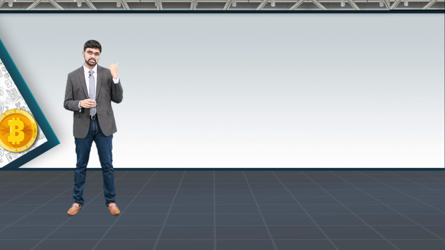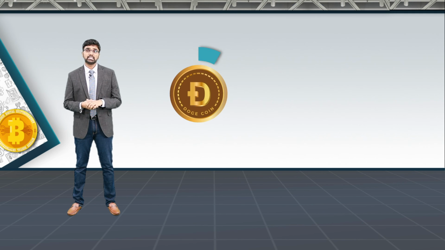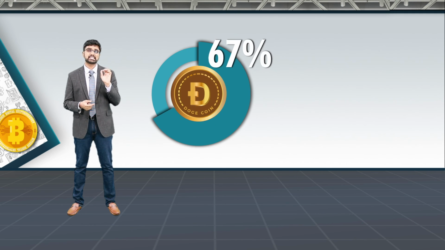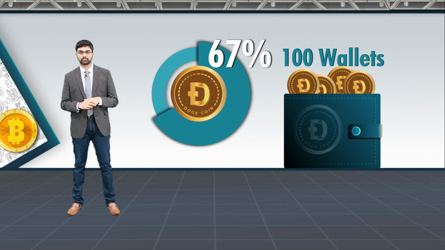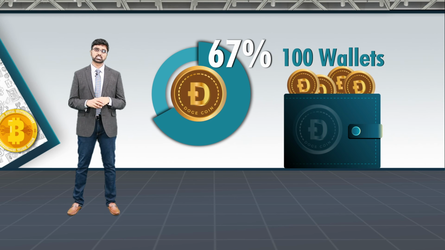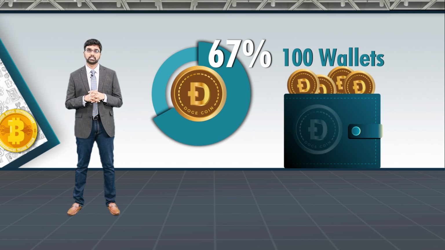For example, in this graph, just look at Dogecoin's distribution. We have almost 67% of all Dogecoin availability belonging to only 100 wallets. That is, 100 people across the world hold almost 67% of the total Dogecoin supply.